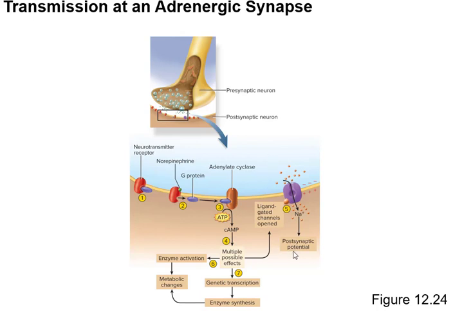And then you get the sodium and potassium changing places, and you get the electric charge. So there are multiple effects, but this is just an overall. So you can have ligated channels, but you can also have enzyme amplification inside.